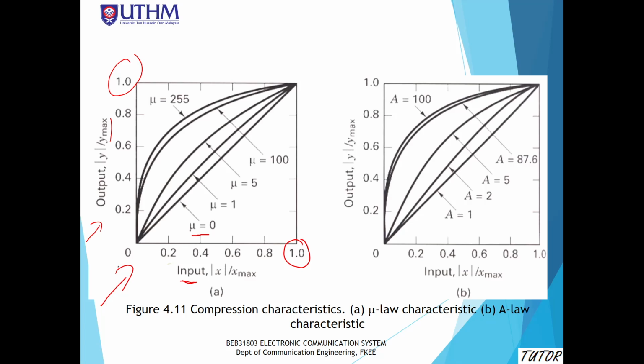Okay, so parameter yang kita lihat adalah parameter mu, daripada 0 sehingga 255. So untuk mu sama dengan 0, you akan lihat dia sebagai linear, garis tegak.